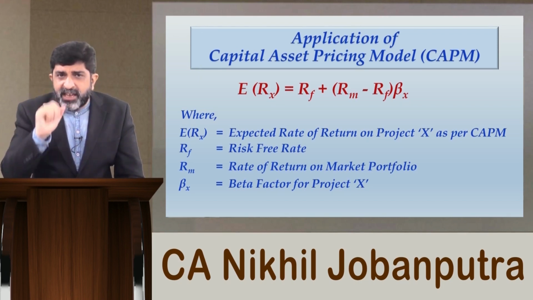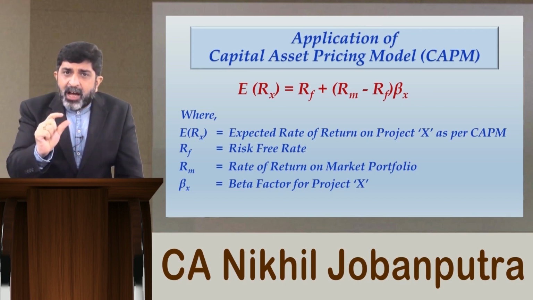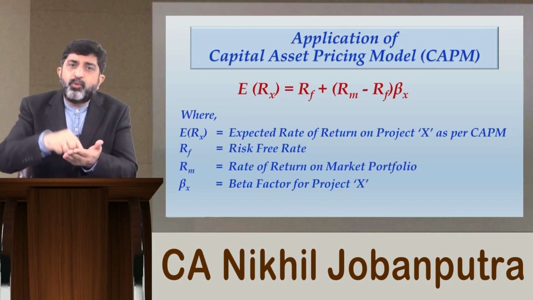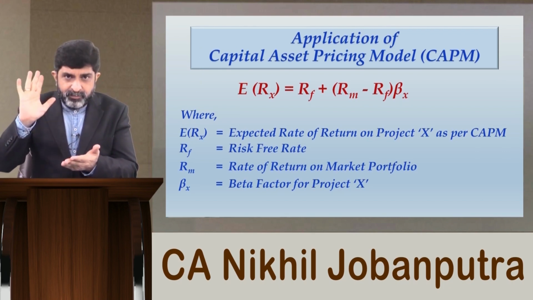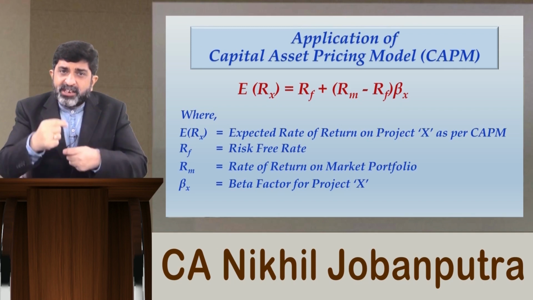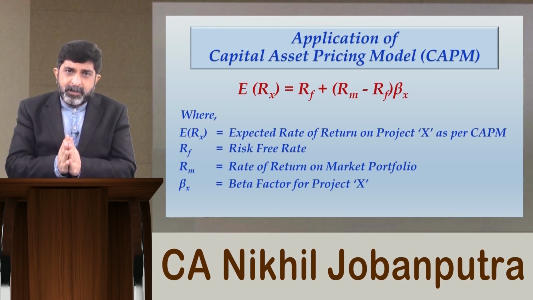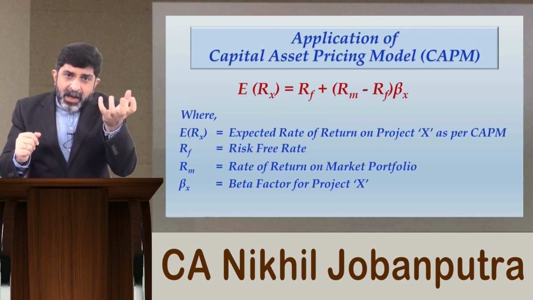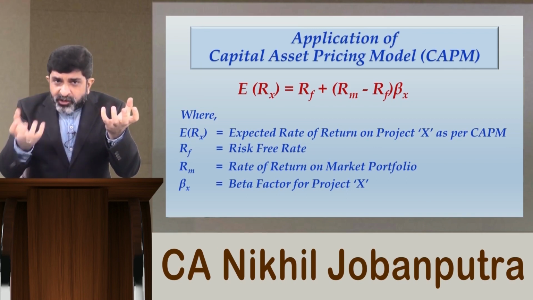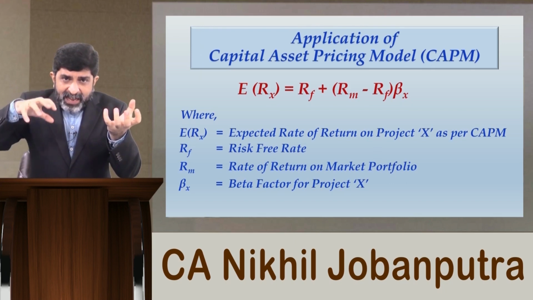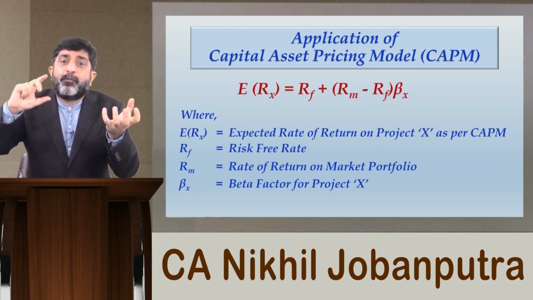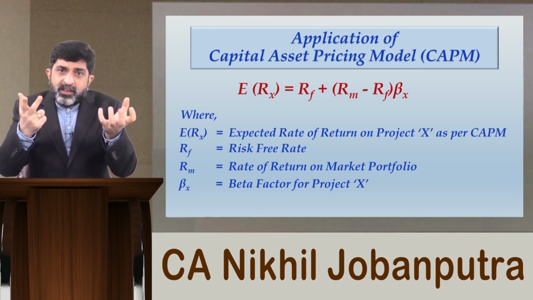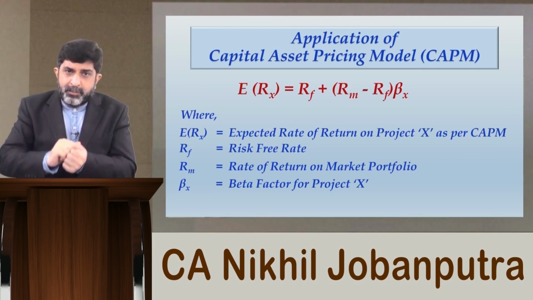So suppose I give you an example that beta of a project is 1.2 times. If beta of a project is given as 1.2 times, how would you interpret? Whatever be the risk prevailing in the market, the project which we are analyzing has a risk of 1.2 times compared to the risk prevailing in the market.